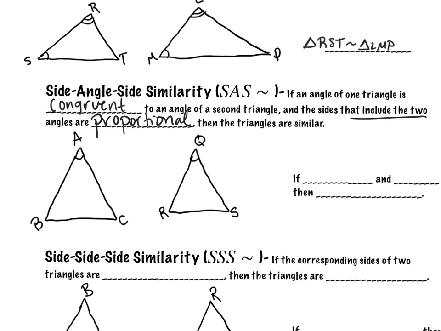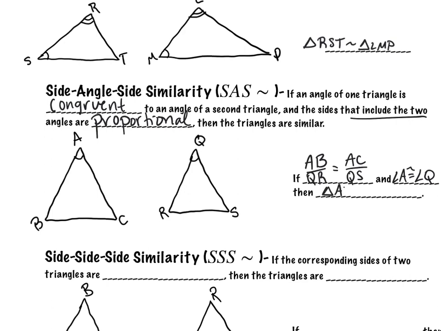So I have to set up a proportion and make sure they're equal. Like AB over QR has to be equal to AC over QS. I have to use the sides that include the angle, and then those two angles are congruent.